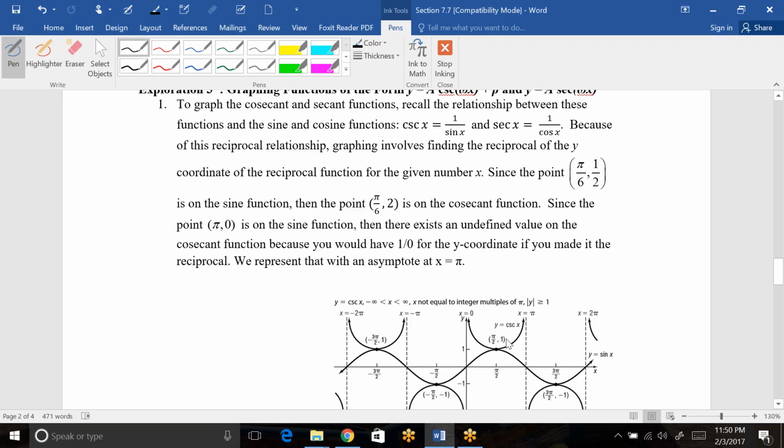So it would be 1 over 1. And if you have pi over 6 is 1/2, then pi over 6 for the cosecant would be 2 over 1, so it's 2.